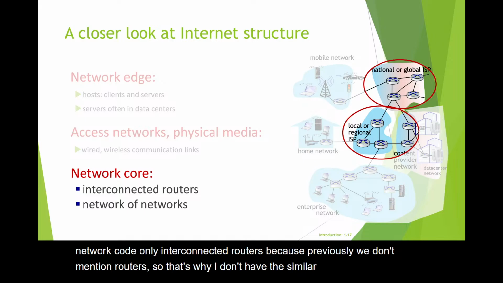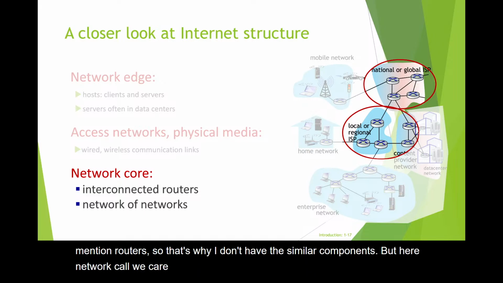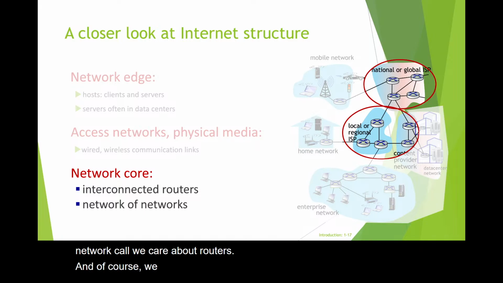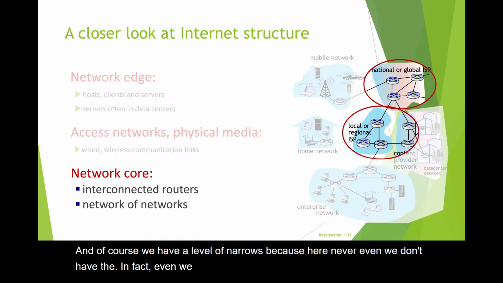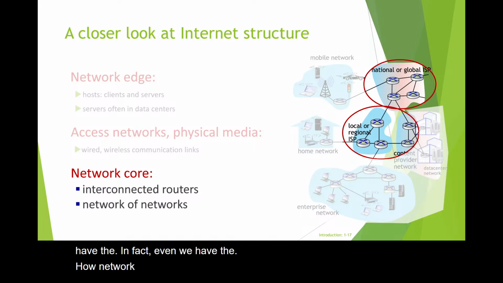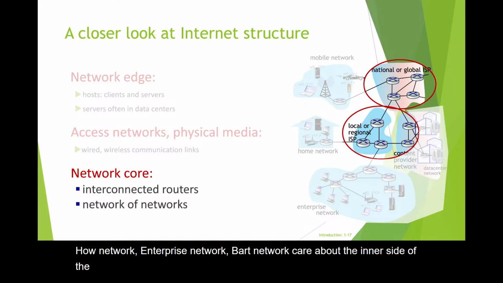But here, for the network core, we care about routers. Of course, we have a network of networks. Even though we have enterprise networks, for the network of networks we care about the inner side of the internet.